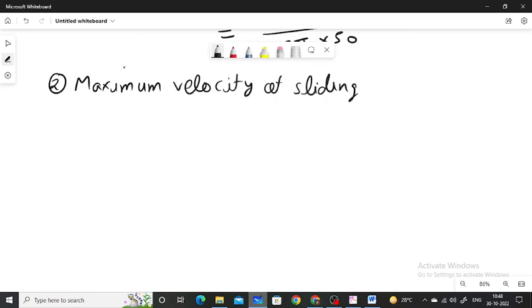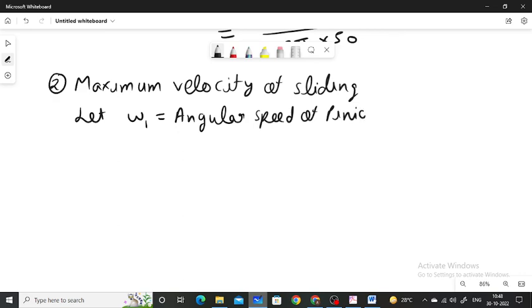Okay, let omega 1 is the angular speed of pinion and omega 2 is equal to the angular speed of wheel.